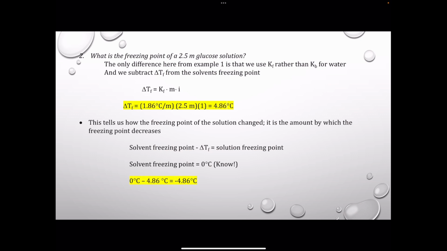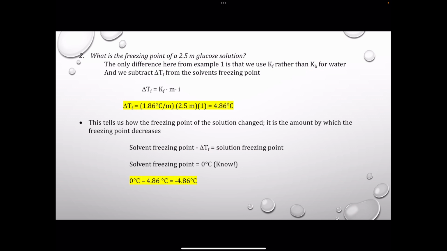Now we can also figure out freezing points. So we're going to look at the same concentration solution, a 2.5 molal glucose solution, and we want to know the freezing point. Now the only difference here compared to example 1 is that we're going to use Kf, which is the freezing point depression constant. And we're going to subtract that temperature change from the solvent's freezing point. So our equation looks the same.